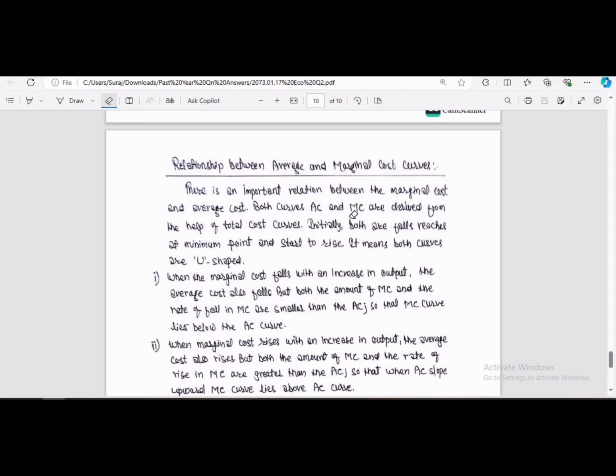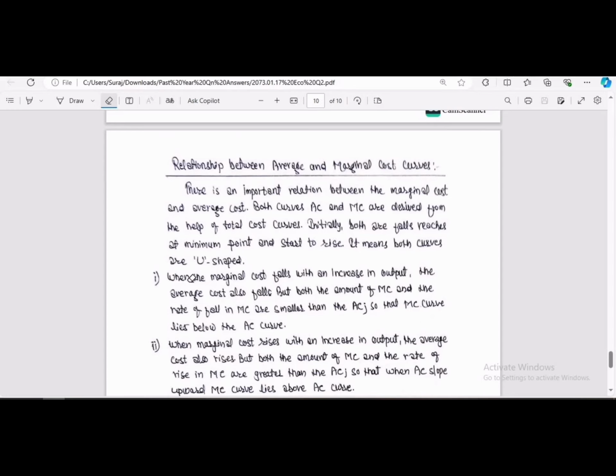Both curves, AC and MC, are derived with the help of the total cost curve. Initially, both fall, reach a minimum point and start to rise. It means both curves are U-shaped.